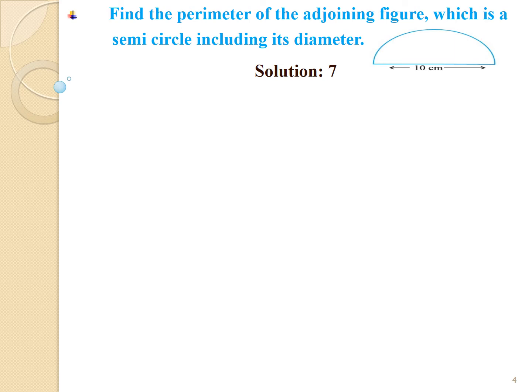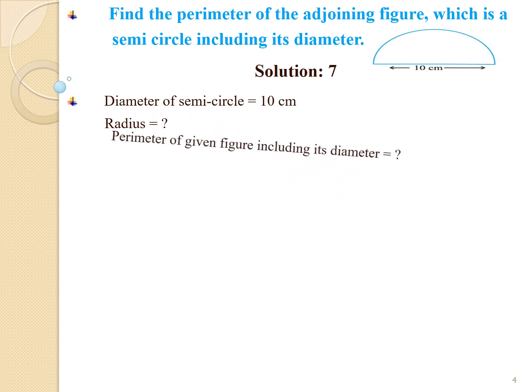Diameter of semicircle is given to us as 10 centimeters. Therefore, what is the radius? And what is the perimeter of the given figure including its diameter?